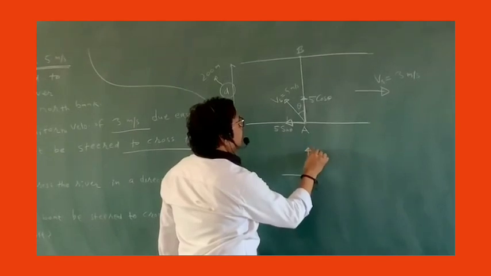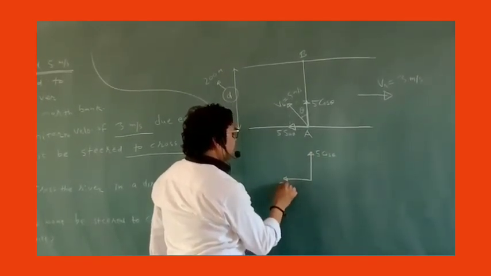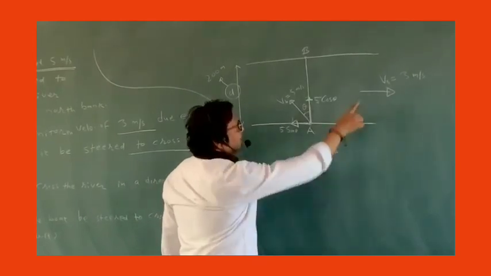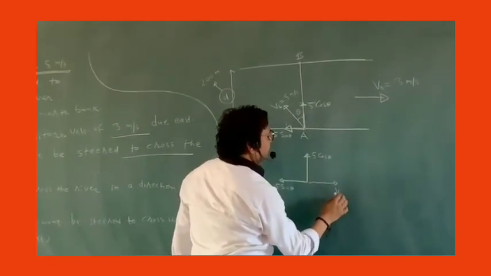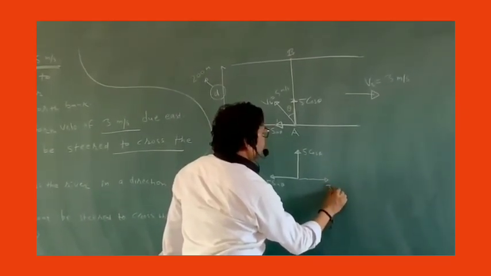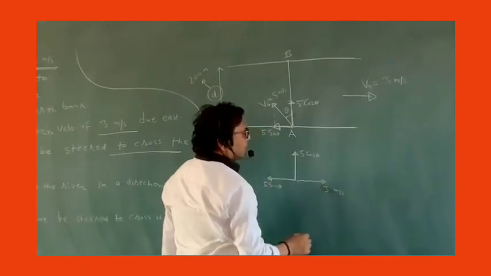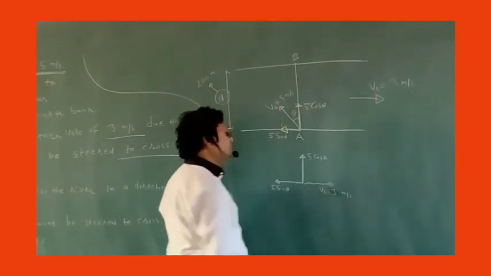So this is 5 cos theta, and this is 5 sin theta, and this is VR, velocity of river. This is basically the velocity of river, equal to 3 meter per second.